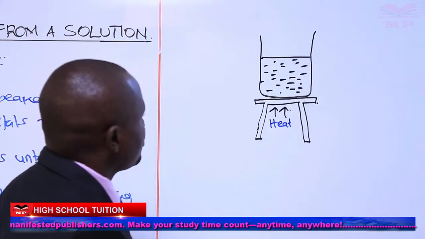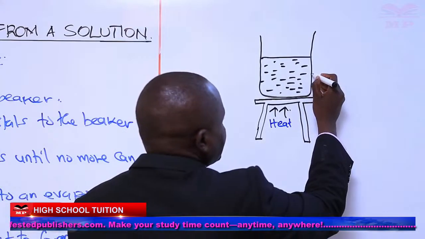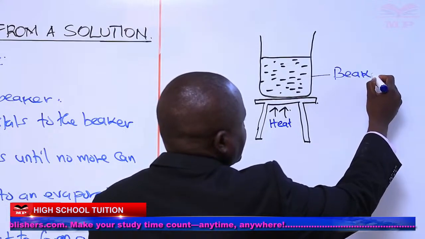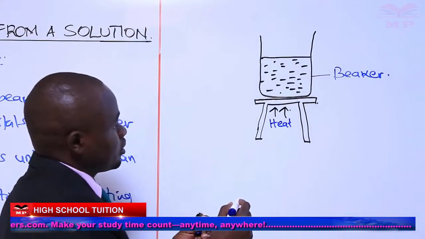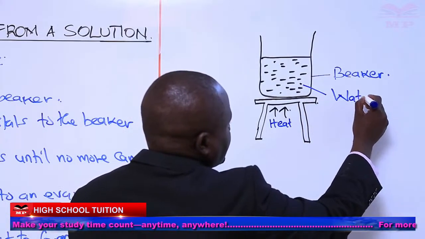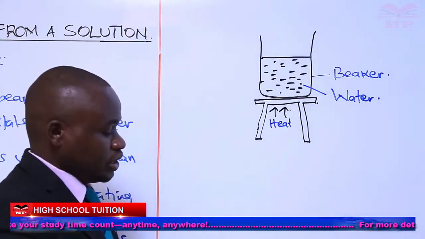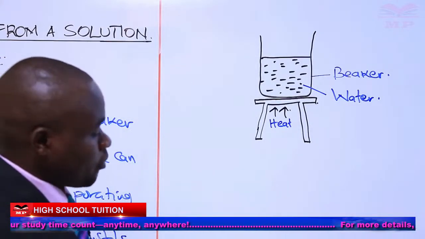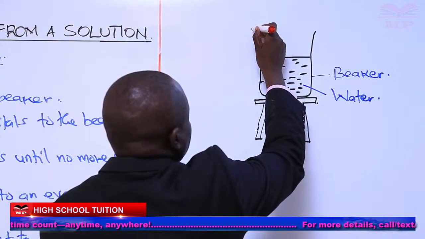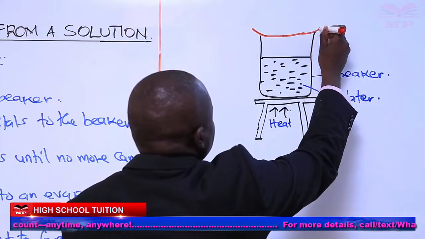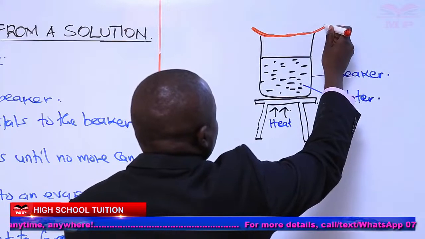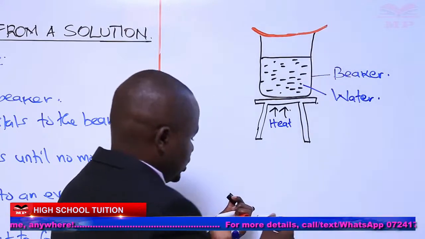Then on top of our beaker, so this is our beaker. So remember, the beaker contains some water. So here we have water. Then on top of the beaker, we shall put our evaporating dish. So the evaporating dish will be here on top of our beaker, and that's where we shall put our salt solution, that is copper sulfate.